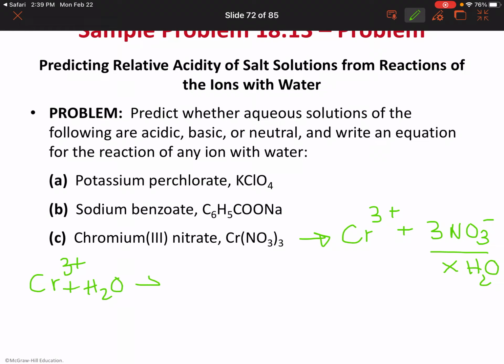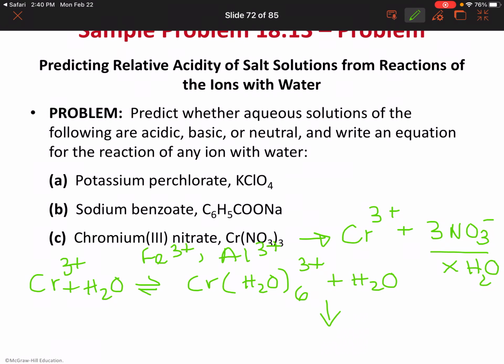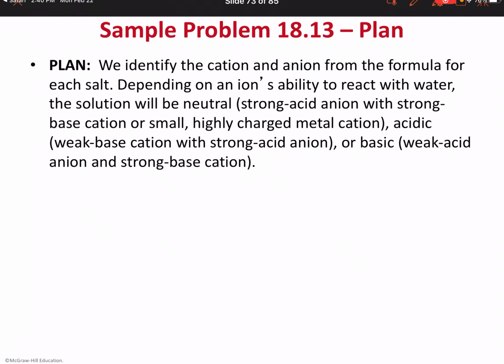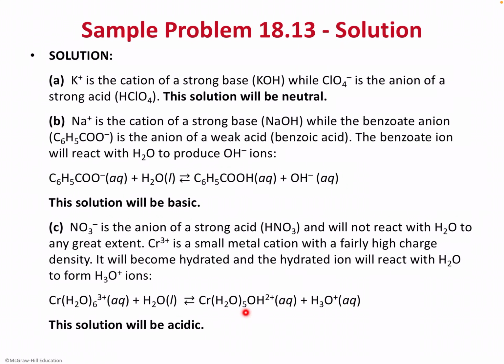Remember, this gives you chromium with 6 water molecules. Just like the previous slides with iron 3+ and aluminum 3+, chromium also has a 3+ charge and can have 6 water molecules. This chromium hexahydrate can react with another molecule of water and give you this equation.